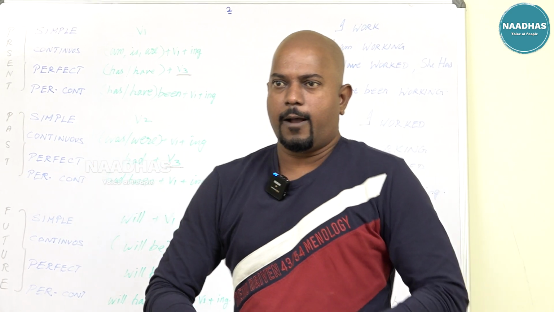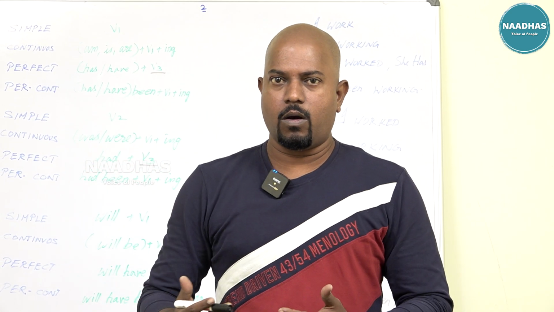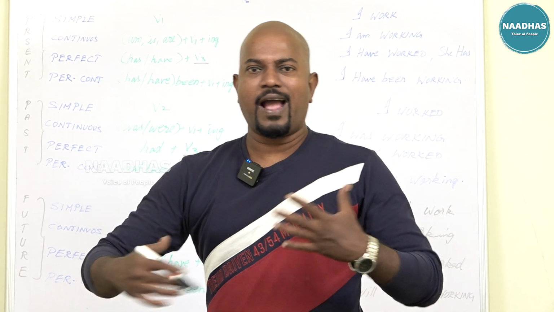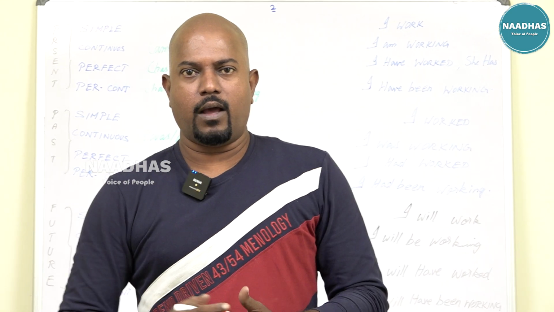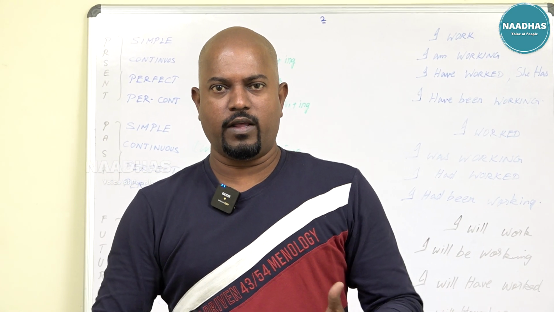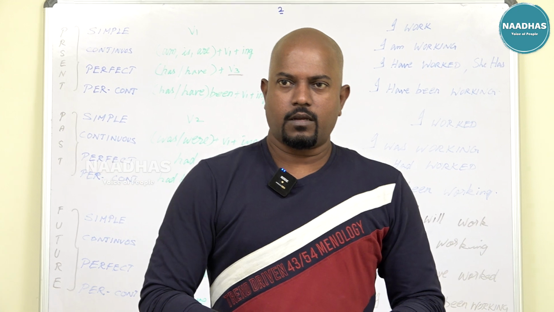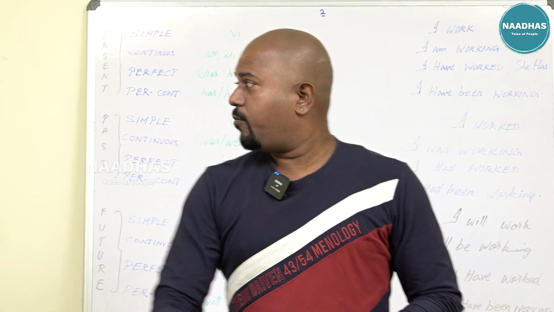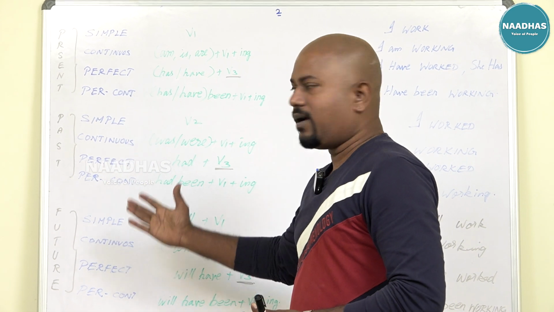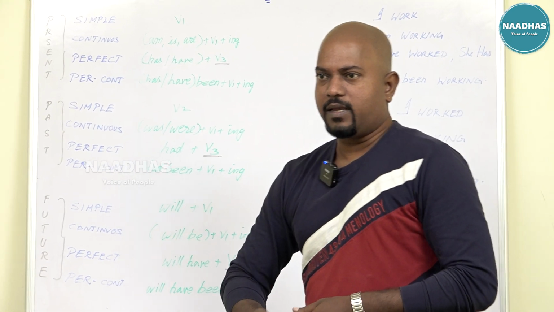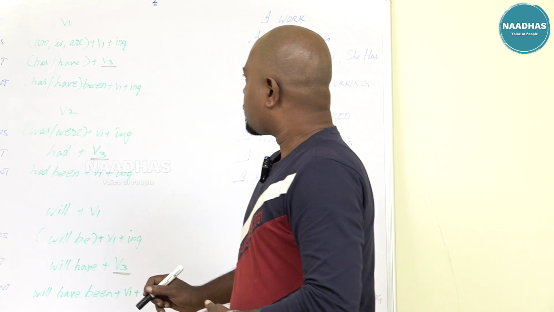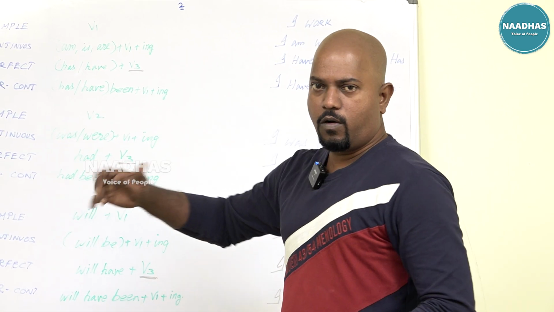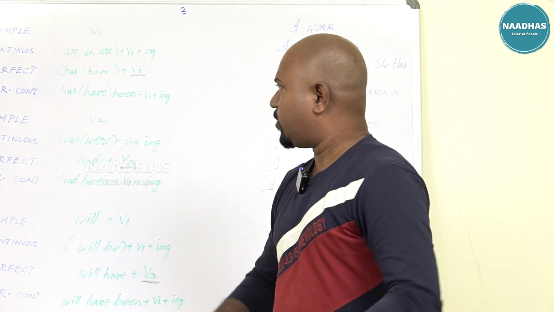What is the importance of remembering or identifying these 12 tenses? It is more than enough if I know how to speak well without any mistakes. That is more than enough. But still, there are a few reasons you have to understand these 12 tenses clearly, because I'll explain why that is important. When you focus on these examples, you get to know.